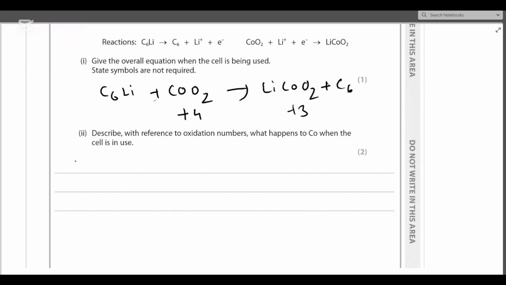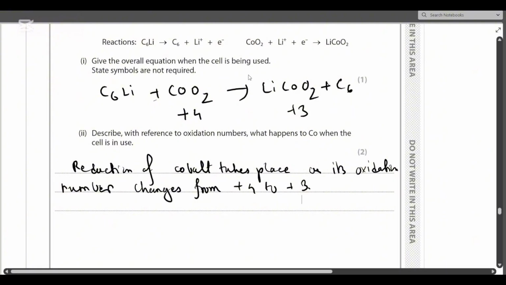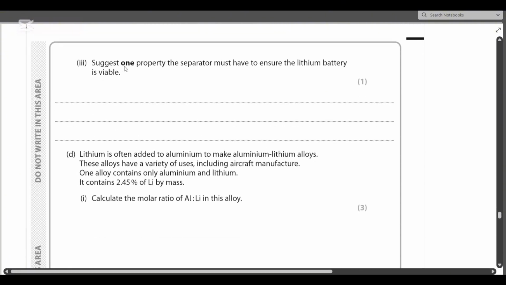So we can say clearly reduction of cobalt takes place as its oxidation number changes from +4 to +3.